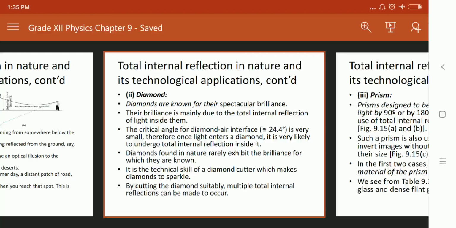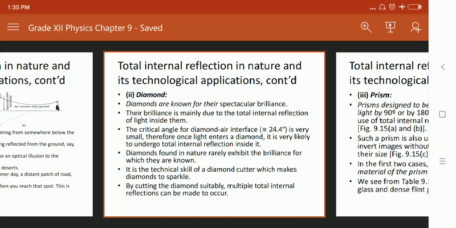So when light enters a diamond, it easily goes into total internal reflection. As you can see, the light falls onto the surface of the diamond, then it gets brightened and we get the light flowing through the diamond. So it shines more based on the total internal reflection within its internal surfaces.